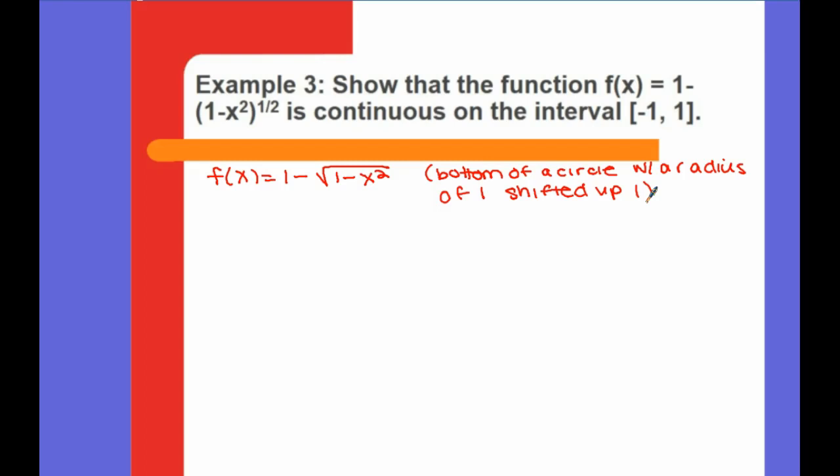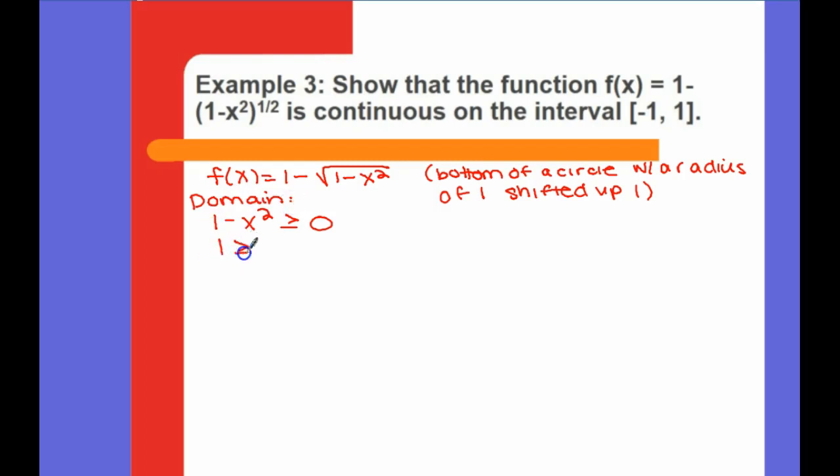What would the domain be then? We know that anything under a square root cannot be negative. So 1 minus x squared has to be greater than or equal to 0. To find the domain, you solve 1 minus x squared greater than or equal to 0.